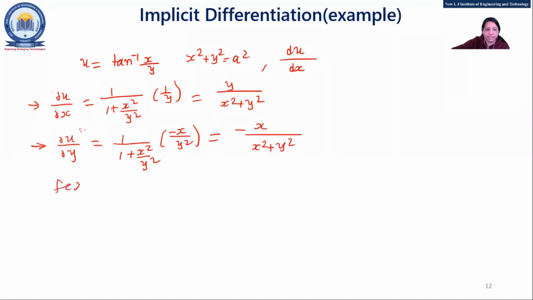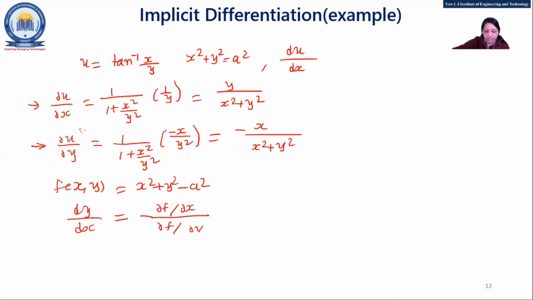Now f(x,y) is given, that is x square plus y square minus a square. a square will shift to the left side. Now dy by dx equal to minus del f by del x upon del f by del y. Fine. So what is the answer for this?